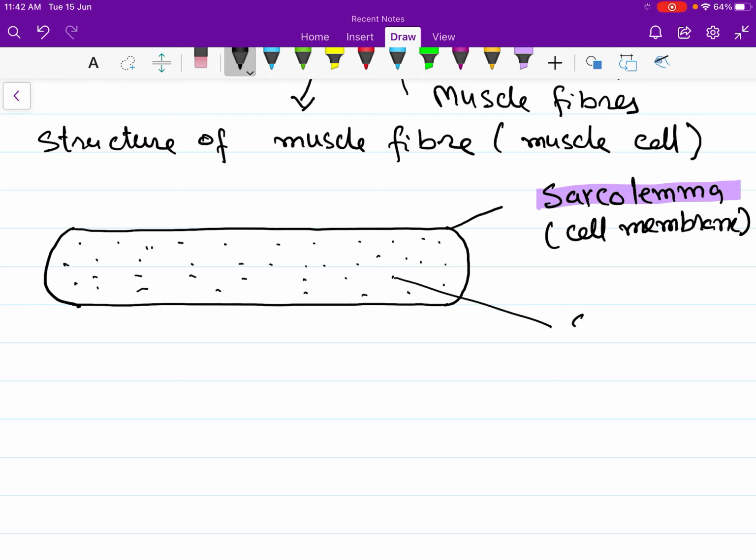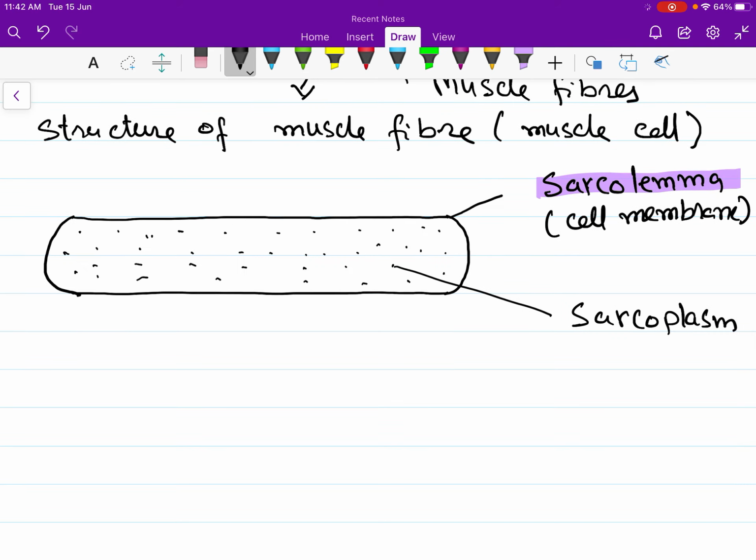So here is the sarcoplasm. As far as cell organelles are concerned, the mitochondria present in the sarcoplasm are given a specific name, they are called sarcosomes. Let me draw them in green.